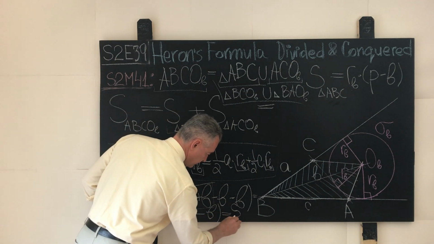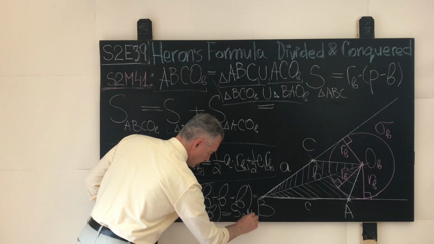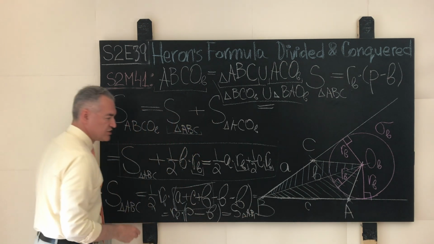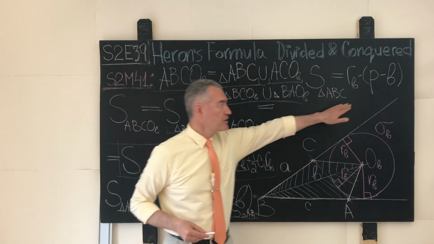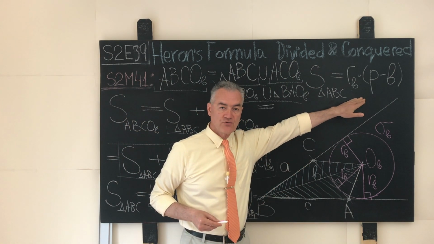Proof is generated. The area of the triangle ABC, just like we claimed over here on the upper right hand side of your screen.